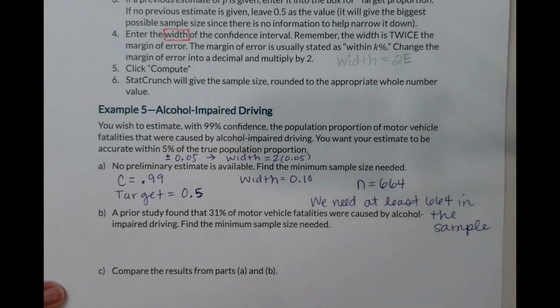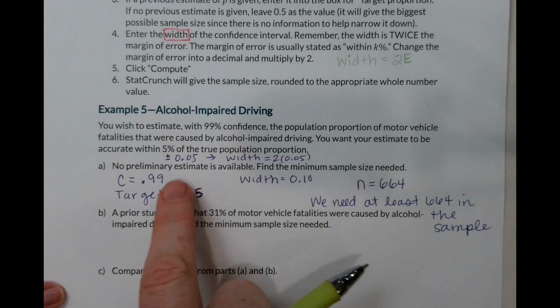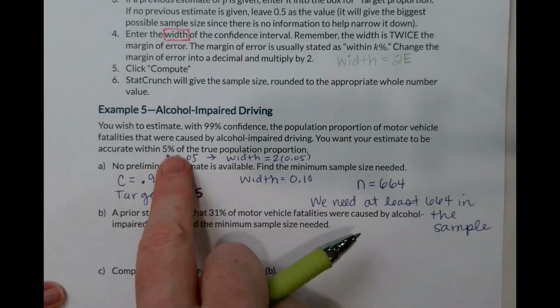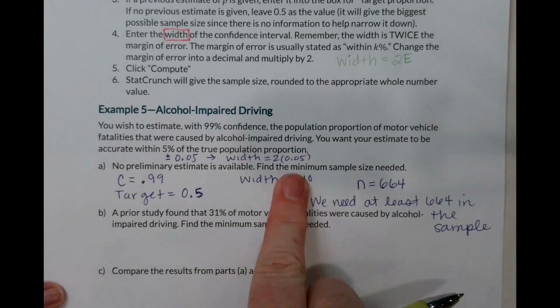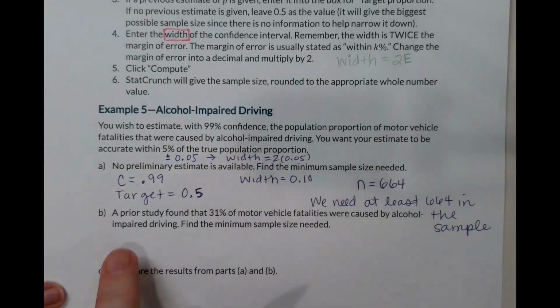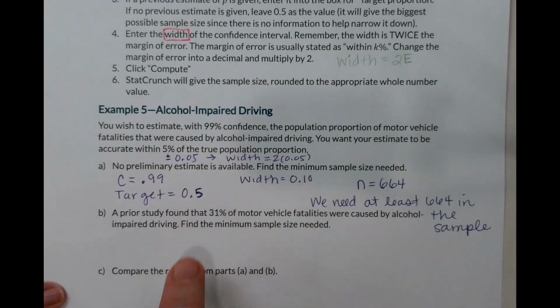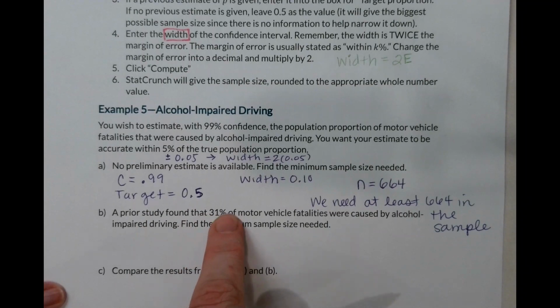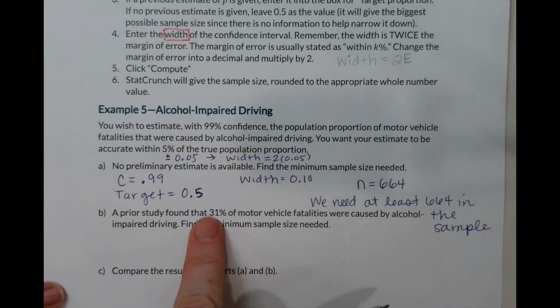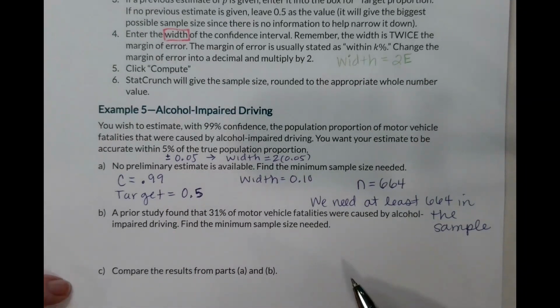It's going to actually be separate questions, but you'll have one where I'll tell you don't have a preliminary estimate. So you'll need to figure out the sample size by using that 0.5. Then you'll have one where you do have an estimate, and you'll change your target proportion, but it's all very similar.